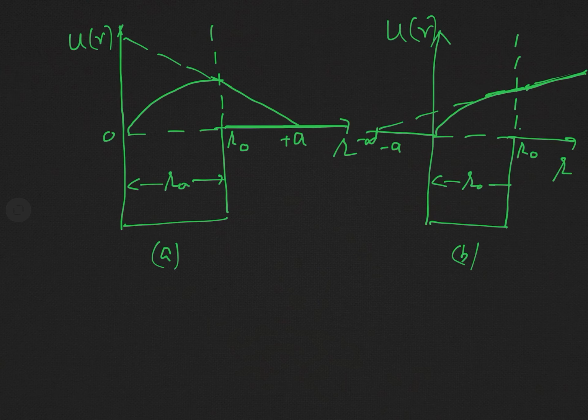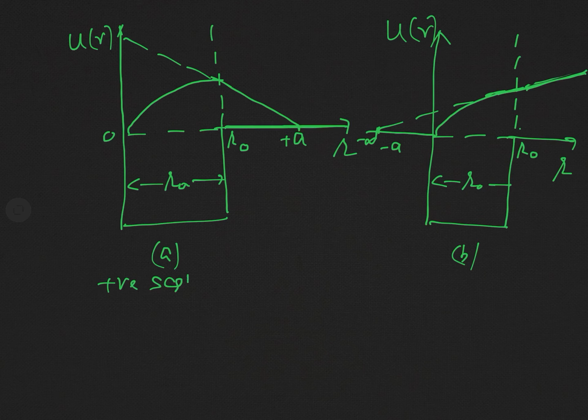In fact, if we see figure A, we find that a positive scattering length is here, equal to A, and in figure B, the negative scattering length is minus A. Actually, this positive scattering length indicates a bound state.